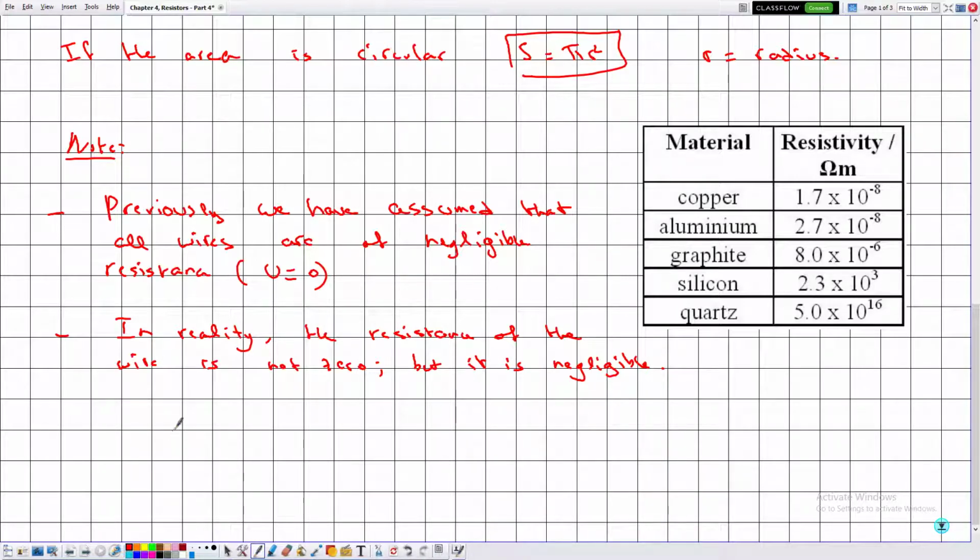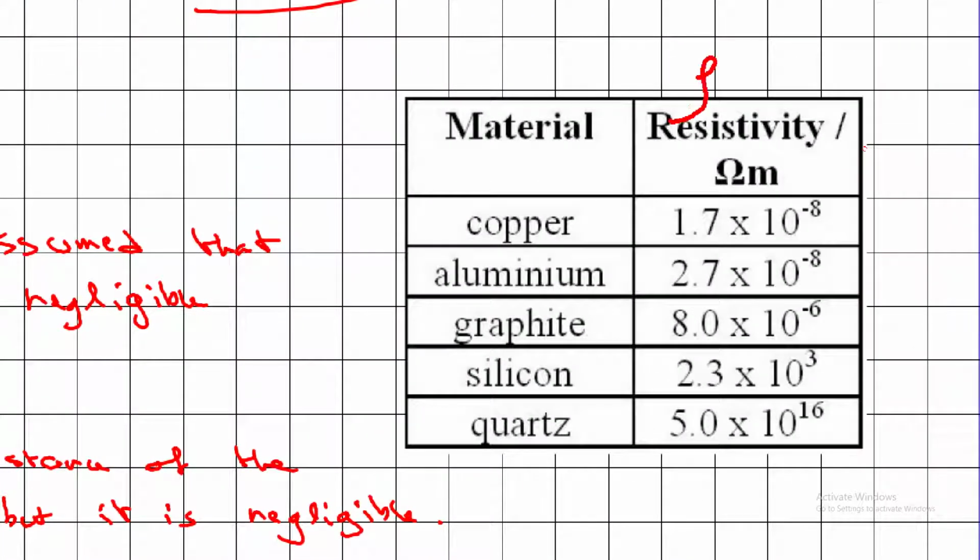So if I'm using the formula R is equal to rho L divided by S, and we replace rho, here we have the resistivity rho of several materials. We have copper, aluminium, graphite, silicon, and quartz. Notice that some have very high resistivity because they don't conduct electricity.